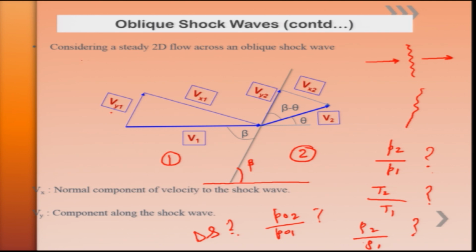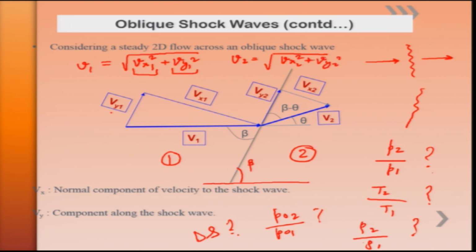Since V1 or V2 is nothing but the square root of Vx squared plus Vy squared, and since Vx1 reduces while Vy1 remains unchanged, V1 and V2 differ because of Vx1 and Vx2 alone.